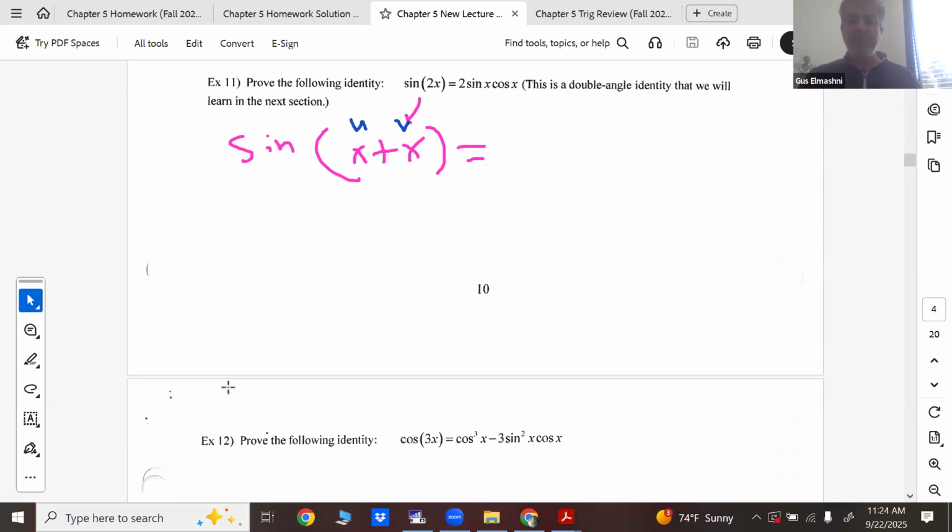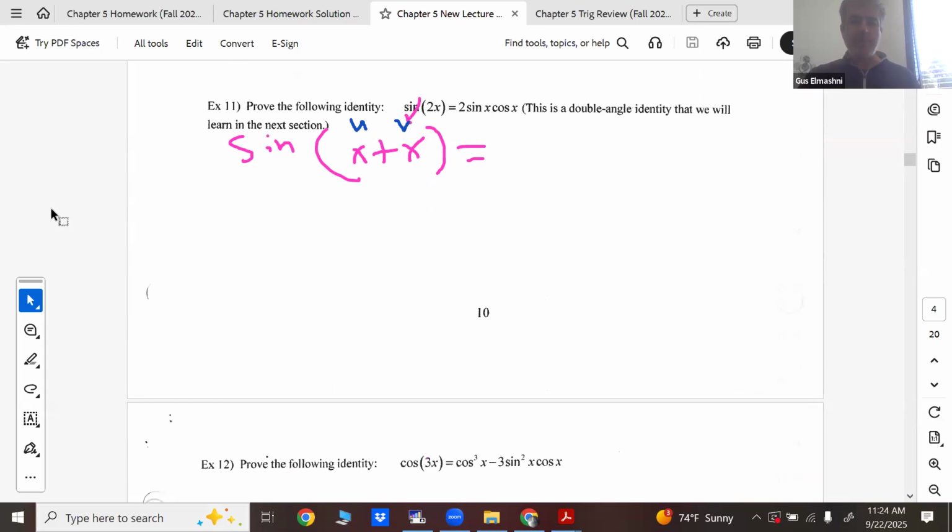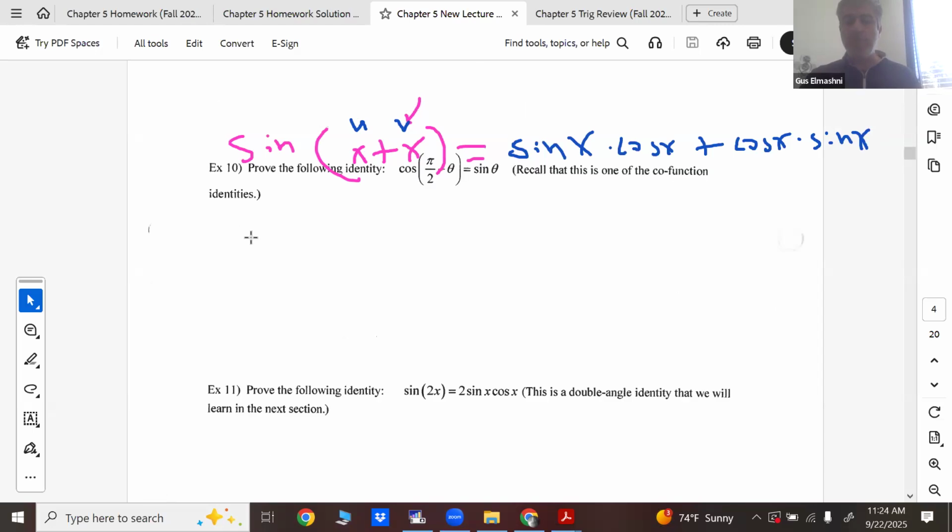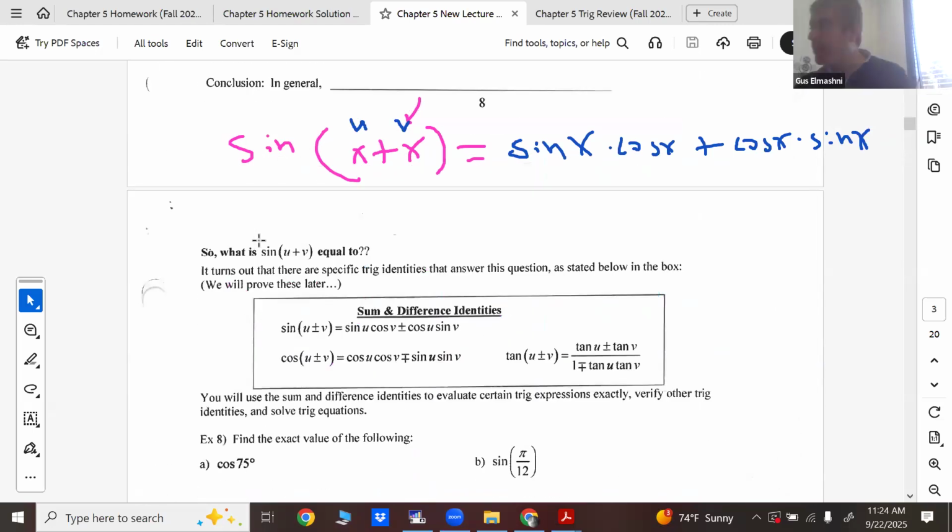So what I could do is just use that formula and say, well, okay: sine x times cos x plus cos x times sine x. Because again, think about it, x is in u's position and the second x is in v's position, just like in the formula up here.